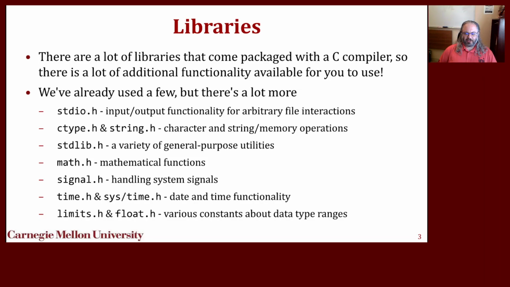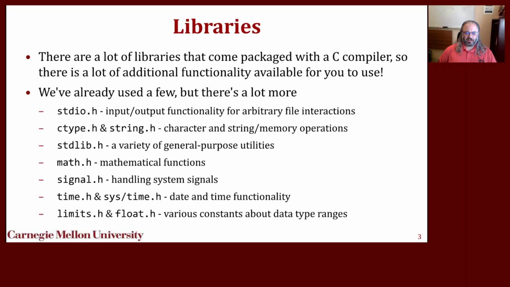There are two different libraries for doing date and time functionality, time.h and sys/time.h. One of these does simple time operations and one does system timekeeping. That's the high level difference. And then there are a variety of other libraries for working with constants and data types and ranges.